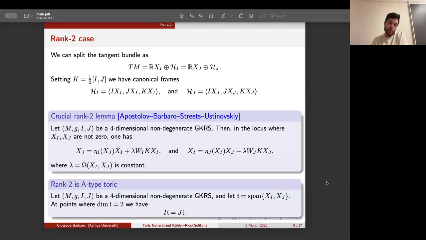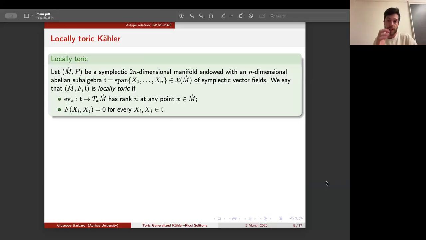Okay, so anyway, in dimension 4 rank 2 we can do this toric geometry, but let's do it in general. Let's consider in general that we have a generalized Kähler-Ricci soliton in a toric setting.